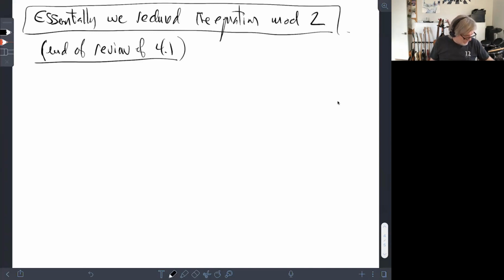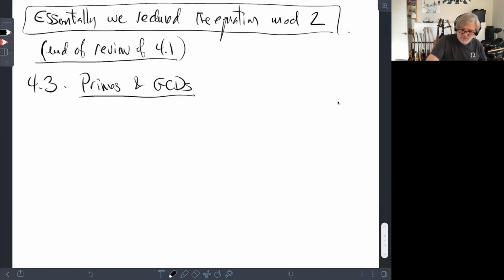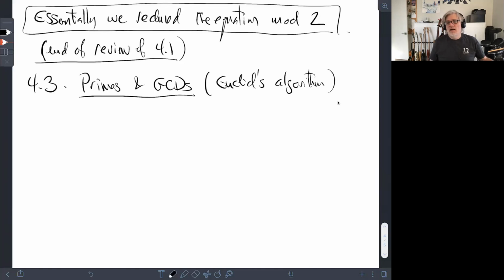Okay, so 4.3. 4.3 is primes and GCDs. I think that's the title in the book. And this one has a lot of important stuff. There's Euclid's algorithm. And you remember we talked about the division algorithm, which wasn't an algorithm.